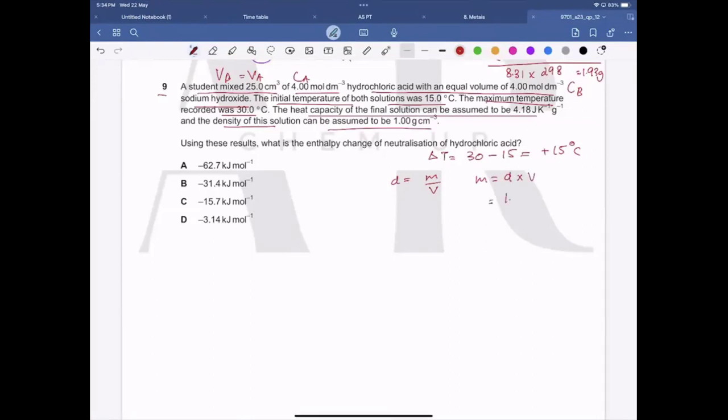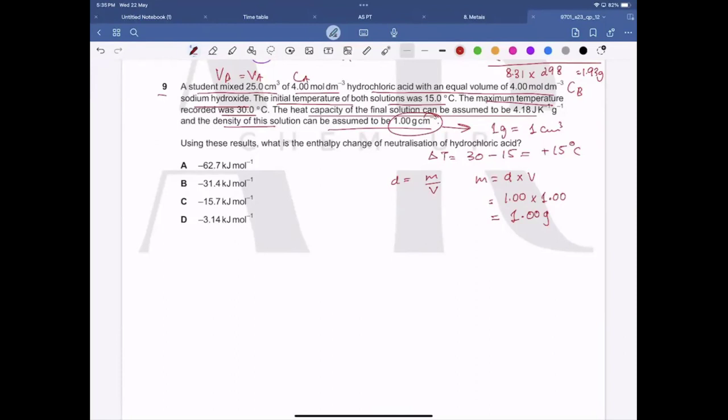Density is 1 gram per centimeter cube, which means for 1 centimeter cube volume, the mass would also be 1 gram. So you must remember that 1 gram is equal to 1 centimeter cube volume. Is this understandable? Okay.